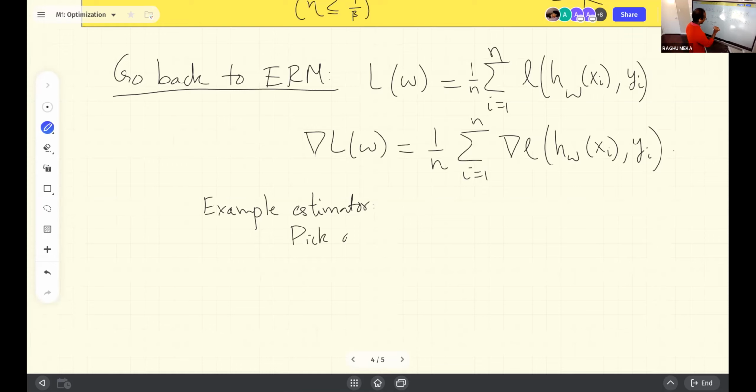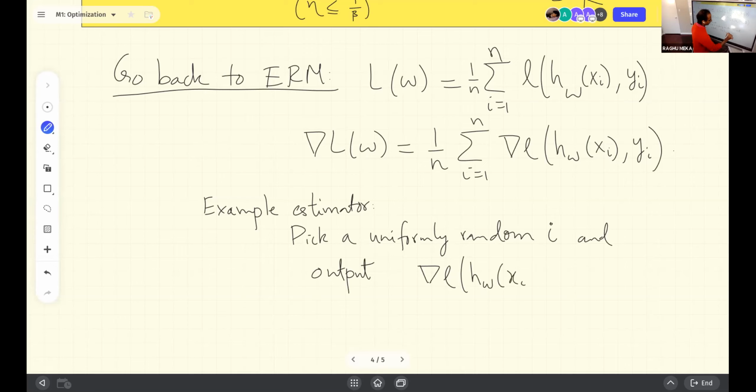Pick a uniformly random i and output the gradient at that point.